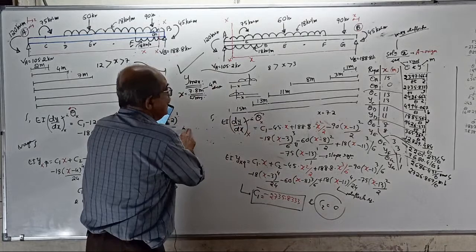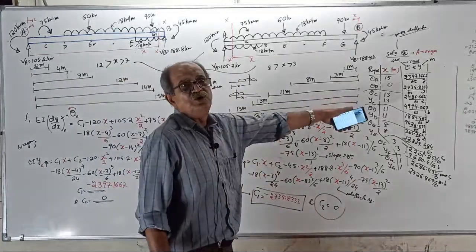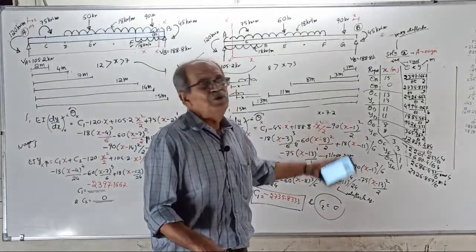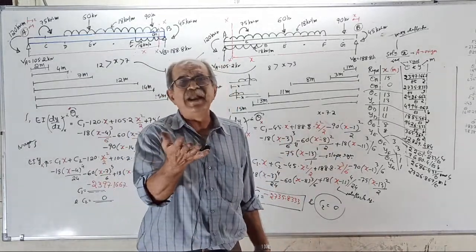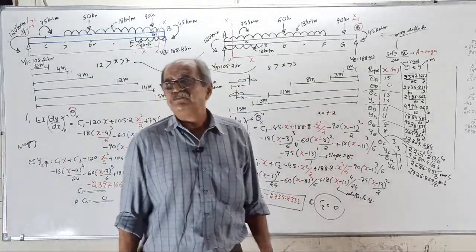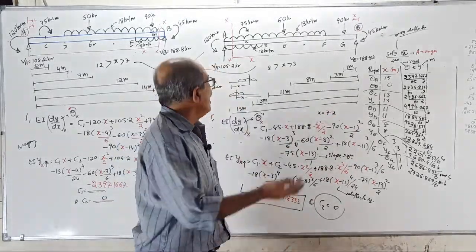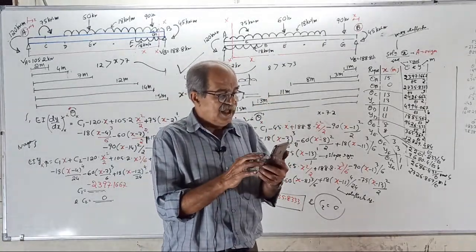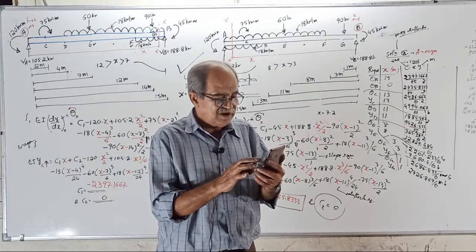Solve solution 1 completely, then go to solution 2. If any mistake is there, I am not changing it on YouTube, let it be there. I am telling you repeatedly, subject to calculation mistakes, there is nothing to worry. Concept is more important.